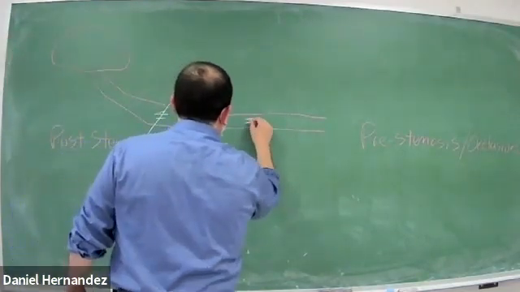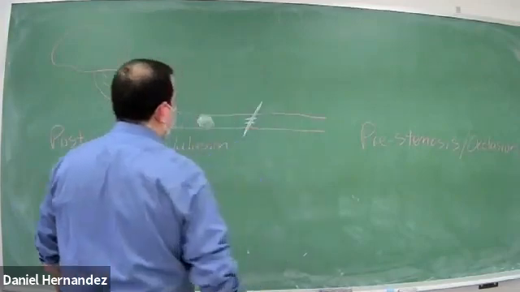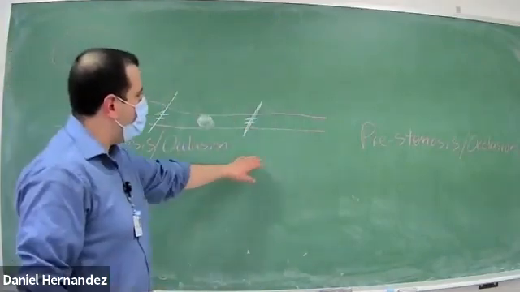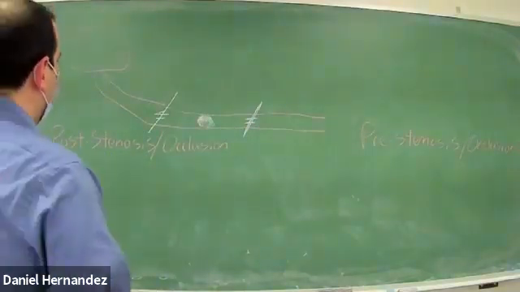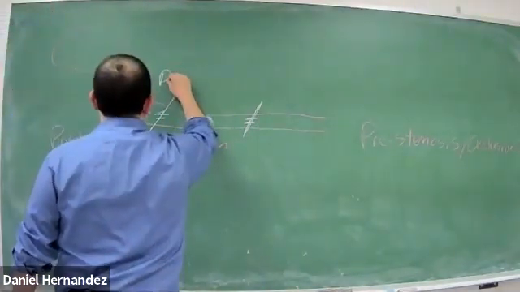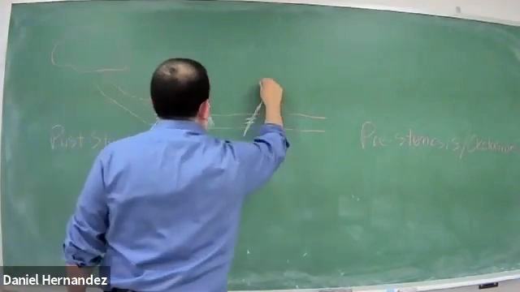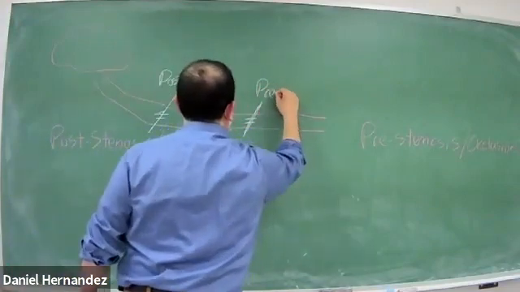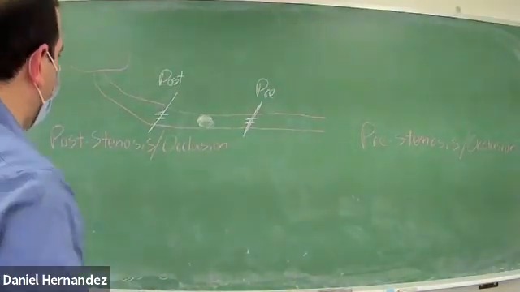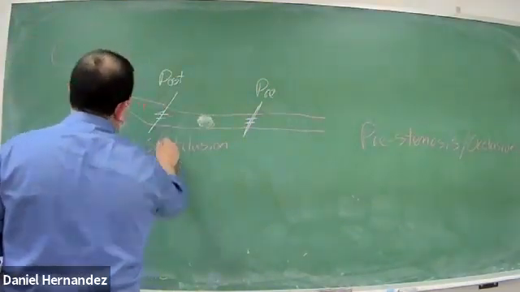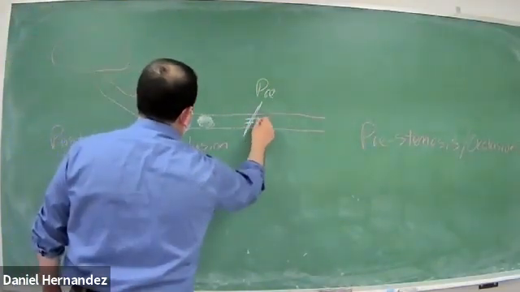If I'm Dopplering the vessel over here, this would be considered pre-stenotic or before the lesion. This would be post, and this would be pre. So our waveform is going to look very different depending on whether we're past that lesion or before that lesion, pre-stenotic.